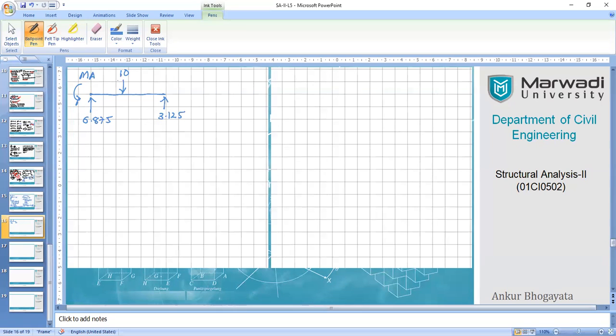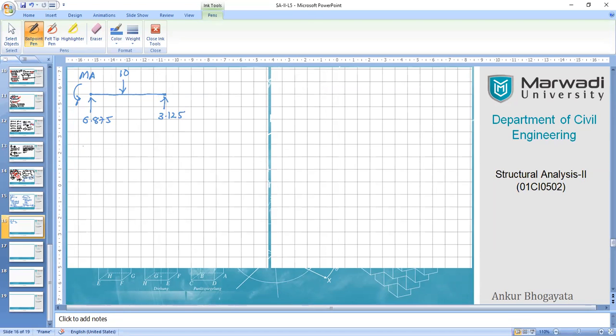Right. So for that, let's take a moment of all the forces about point, let's say B. We can take a moment of all the forces about point B, and that will give us the unknown quantity MA, right? So if I consider moment of all the forces, which are the forces 1, 2 and 3, right? So moment should be 0 over here.